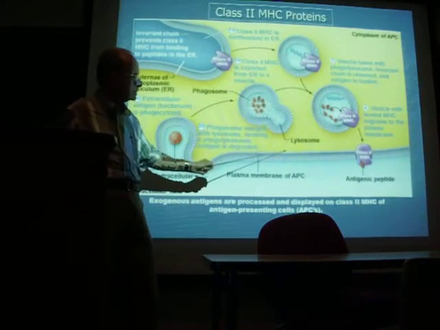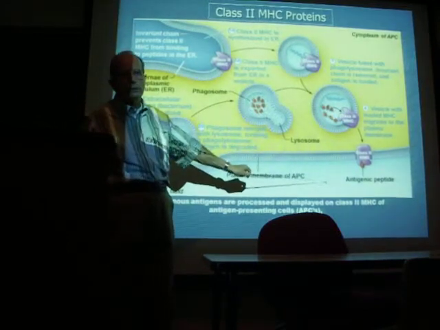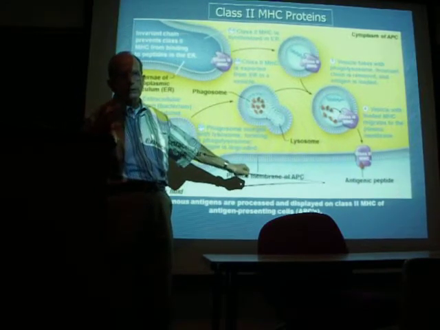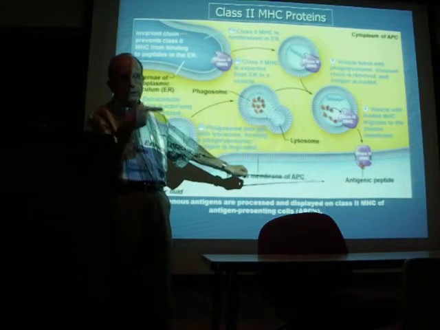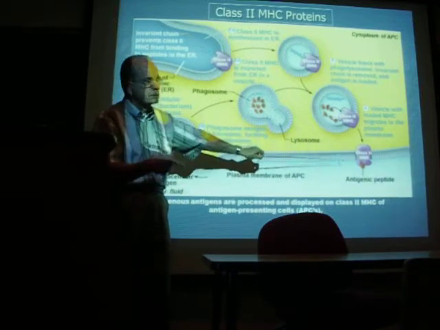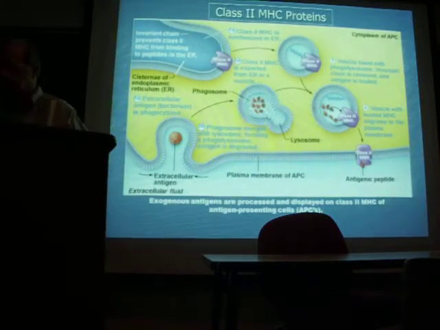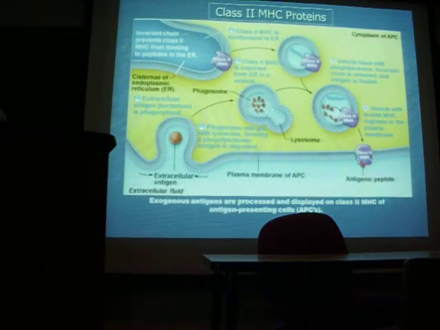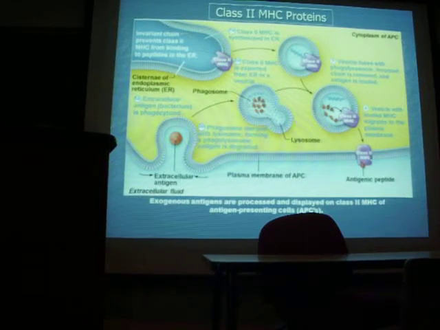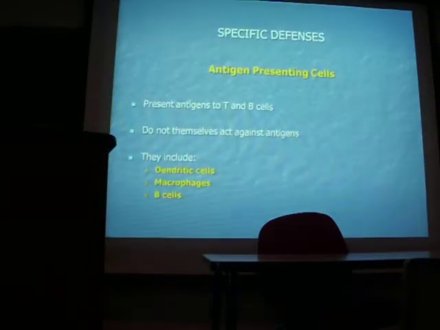So that when this cell comes in contact with one of the T cells of the community of T cells that are specific for this antigen, then the process of response to the foreign antigen can begin. So that's what these MHC proteins are for, the presentation of antigens. Really, it's fragments of the antigen, not the whole antigen usually.